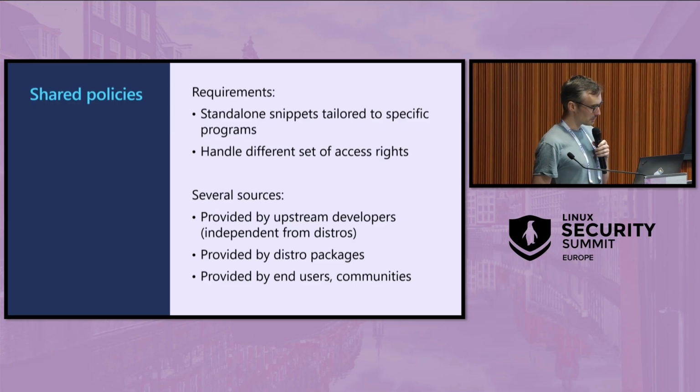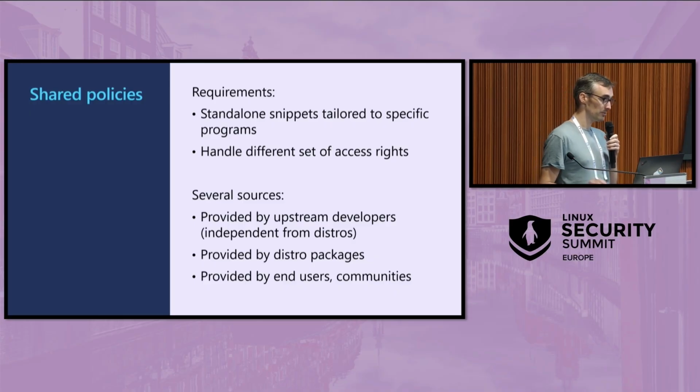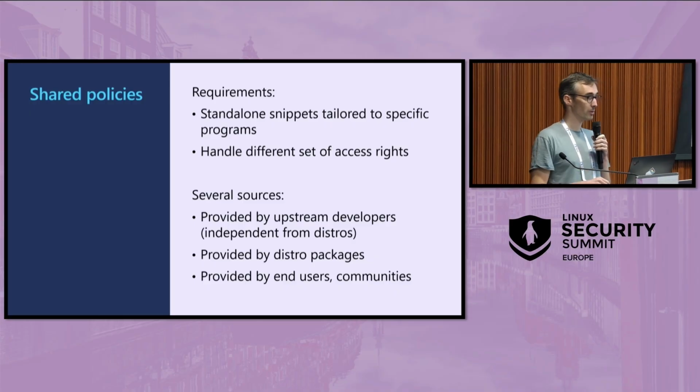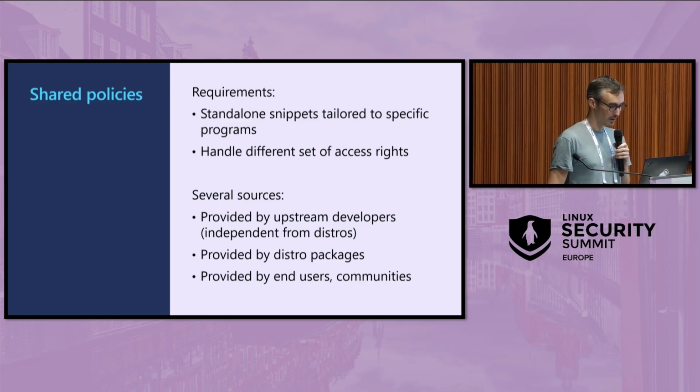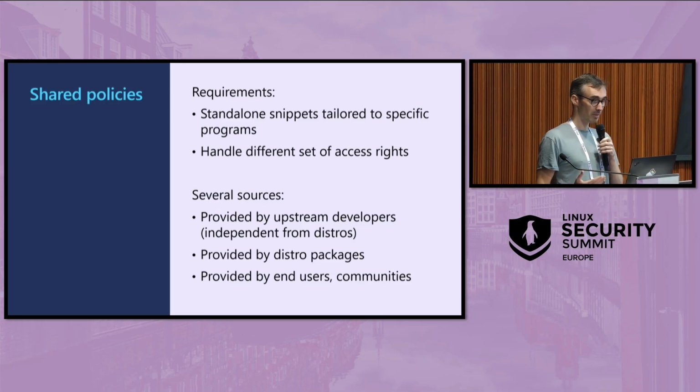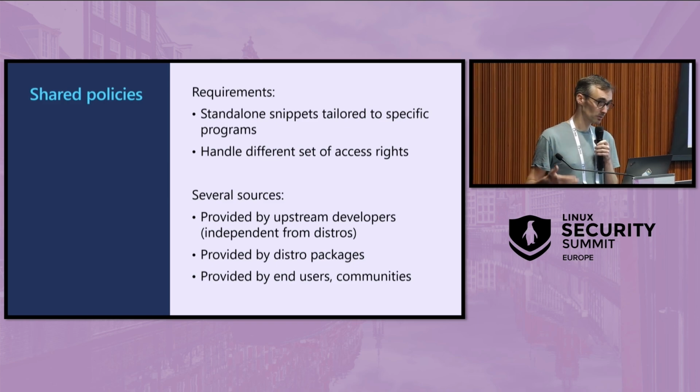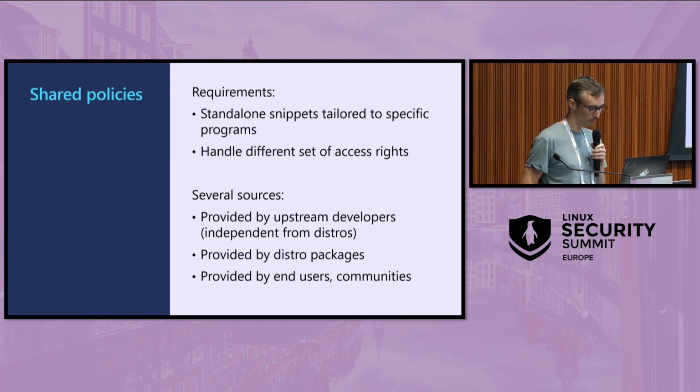Another important point to keep in mind is that we may want to use different sources. So the different configuration files might come from different people, different organizations, different communities. They might come from the upstream developers that might ship default configuration with their application.